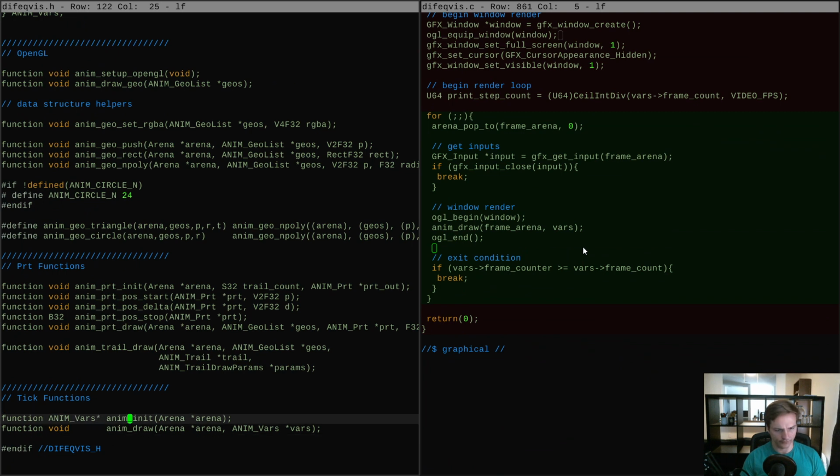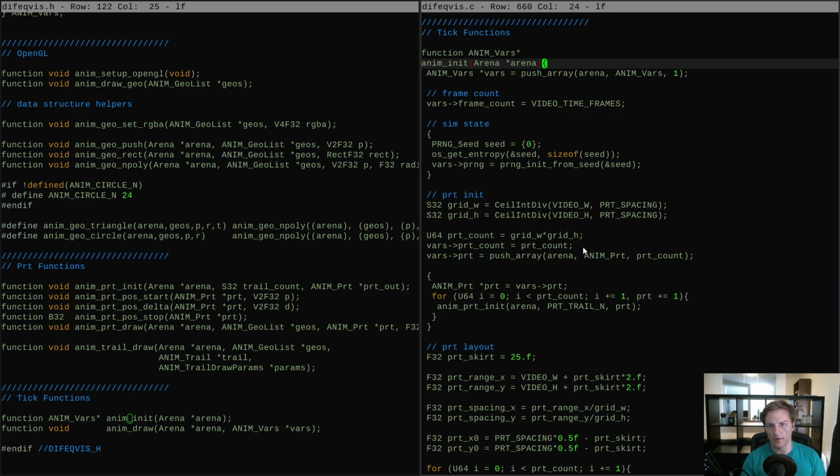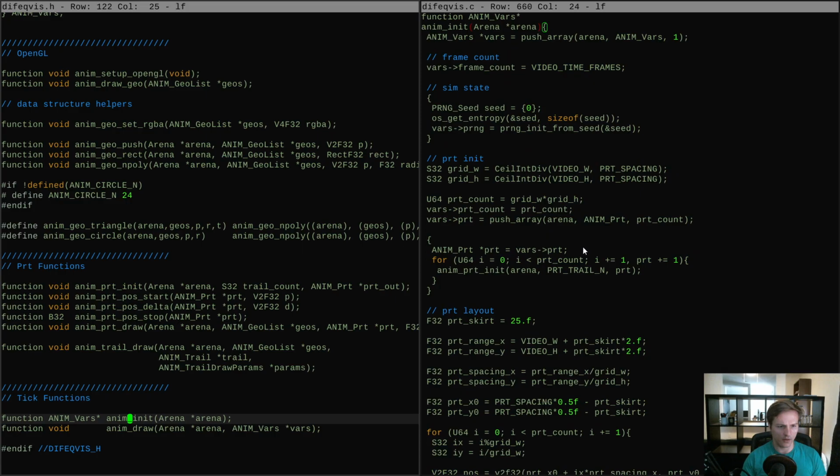Anim init, what are you doing? This is where we set up all the particles and stuff. So we're going to call this diffeqviz init and diffeqviz draw now.